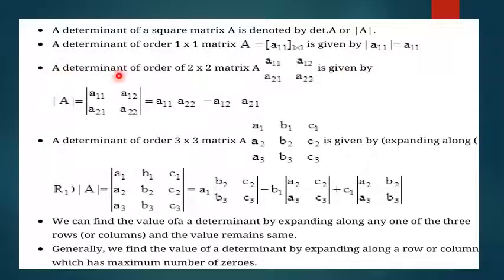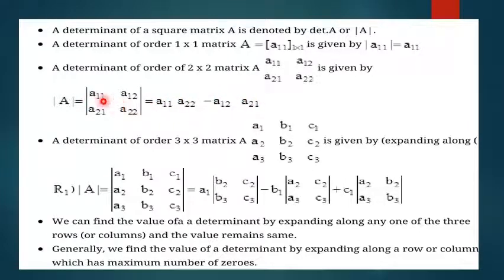Then the determinant of a 2 by 2 matrix A, with entries A11, A12, A21, A22, is written with straight lines; in a matrix we make brackets, here we use straight lines. Now we are finding the value of the determinant.